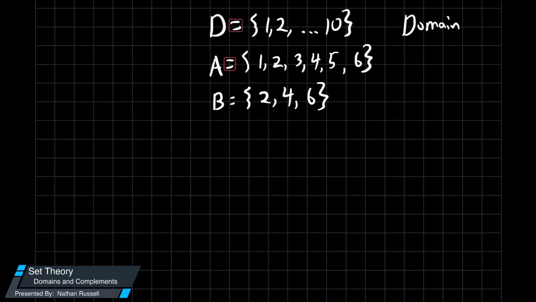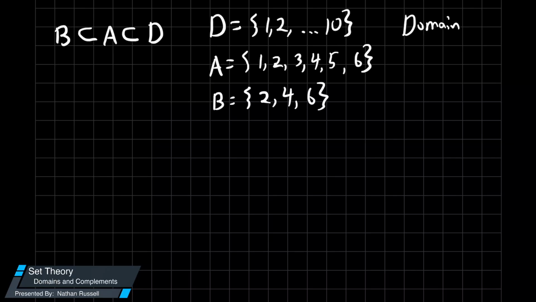Now notice this relationship that I'm implying here. B is a subset of A, and A obviously is a subset of the domain, as everything should be. Now, this chain says that B is a subset of D, but sometimes students may jump to the conclusion that B's domain is A. That's not the case.